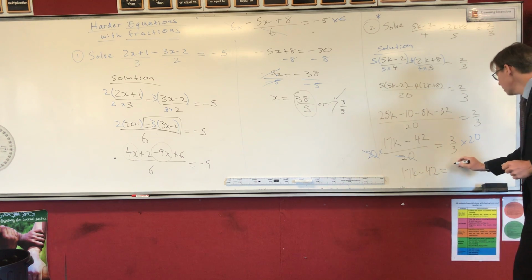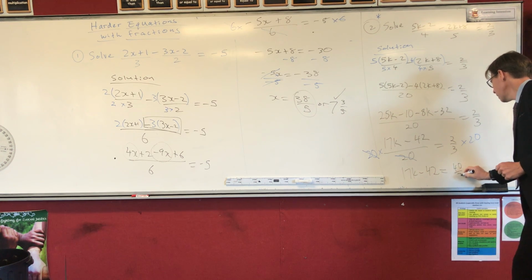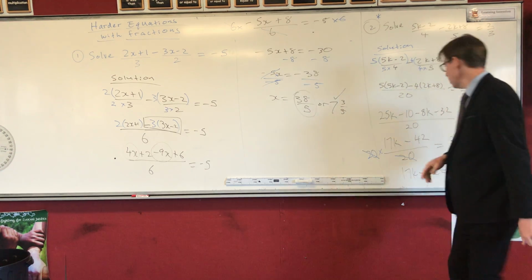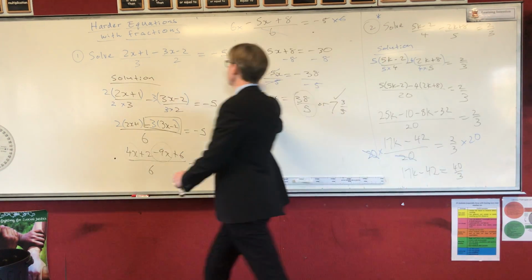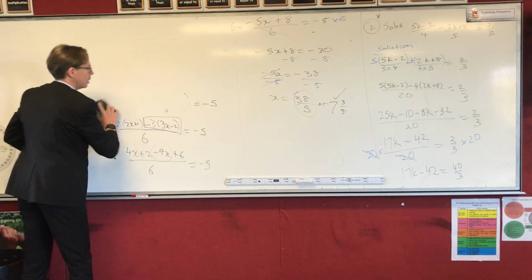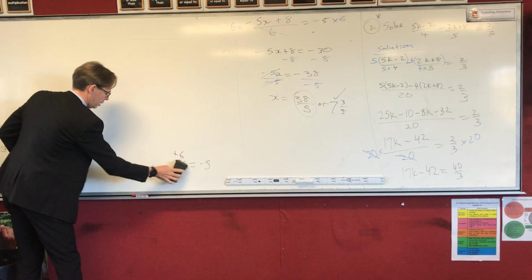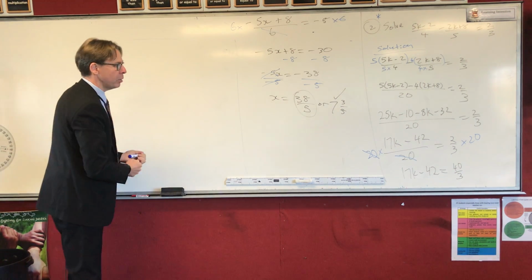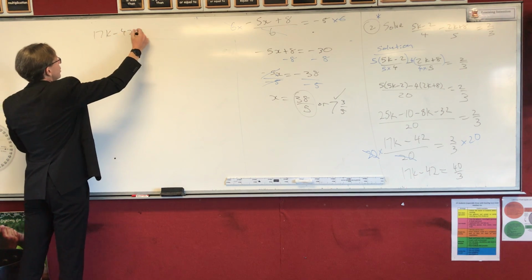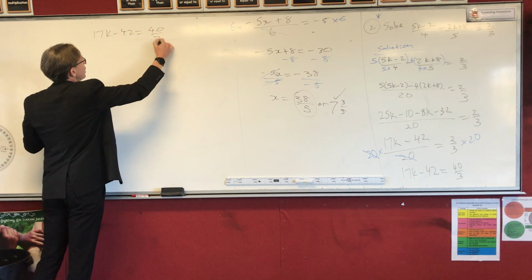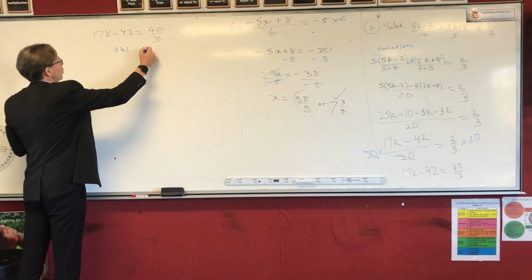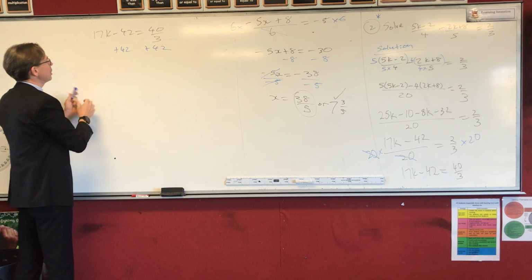Now this will not be a whole number, I'm just going to leave it as 40 over 3. So the next step is adding 42 to both sides. So we've got 40 over 3 and plus 42, plus 42.